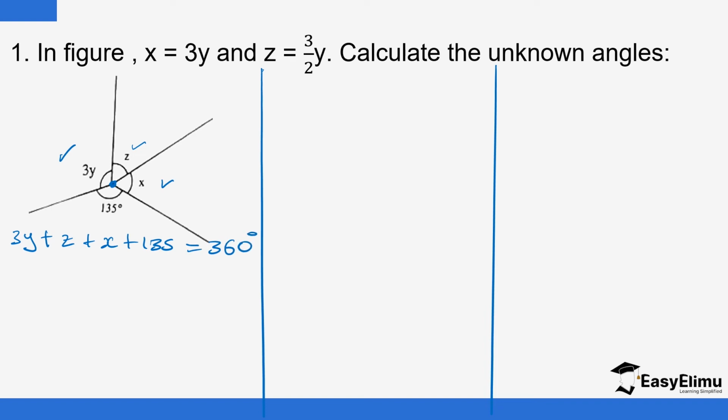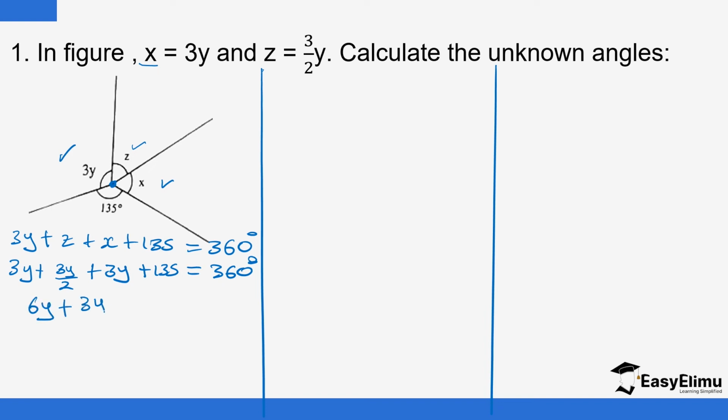We are given x, so I'll substitute x for 3y and z for 3y over 2. So 3y plus 3y over 2, plus x which is 3y, and then 135, should be equal to 360 degrees. I'll start with 3y plus 3y is 6y.